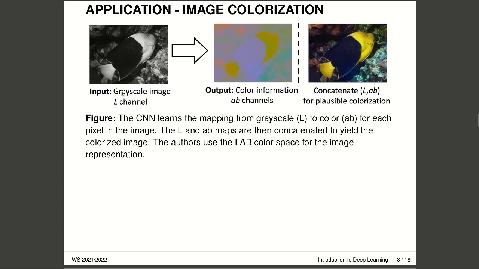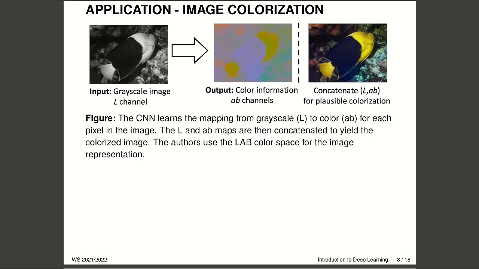As you can see here, they take the luminance channel of the grayscale image, and then the output is a two-channel image, the AB channel image, and at the end they concatenate luminance and AB for plausible colorization. They can control the lightness and brightness of the pixel using the L channel, and A and B are responsible for the coloring of each pixel.